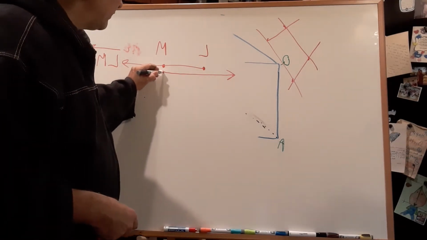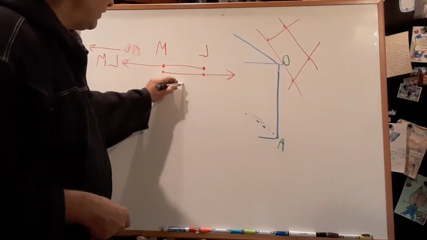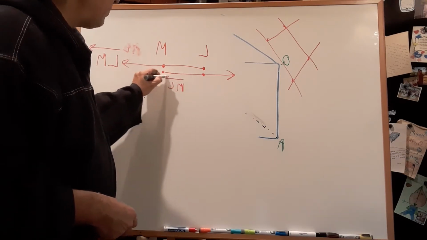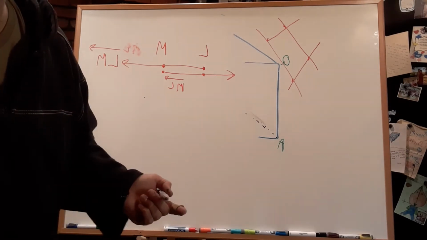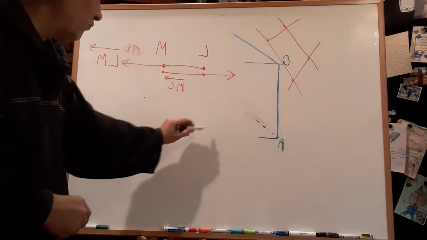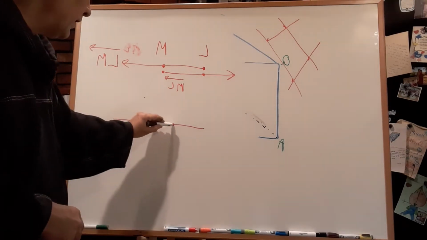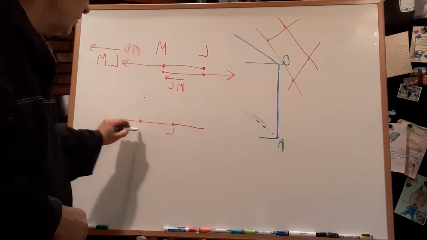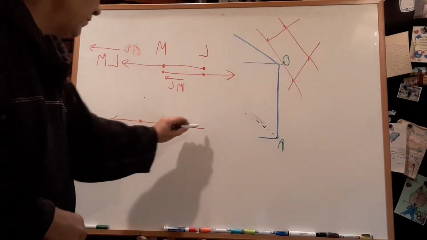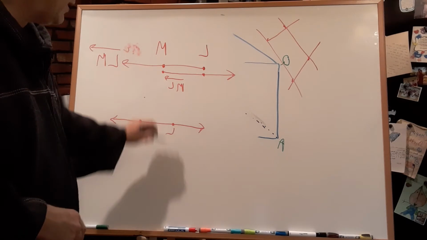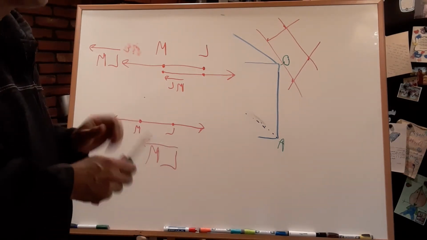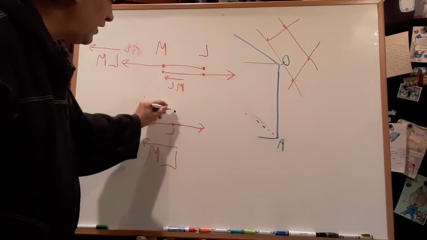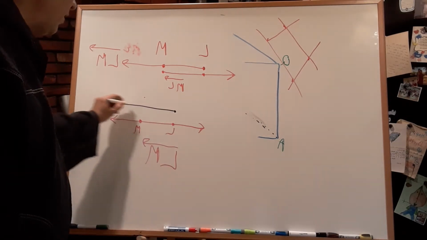And this is ML. Remember, the arrow up here doesn't indicate direction. It only indicates what it is you're talking about. So really what you have is this right here. When you tell somebody this, you're telling them, start here and go forever that way.